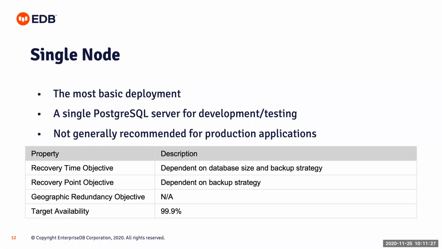You are vulnerable. Your recovery time and recovery point objectives depend on the database size and on your backup strategy. There is no geographic redundancy. Target availability, again, depends very much on the environment the database is running in, but usually you'll see something like 99.9% on just a single server.